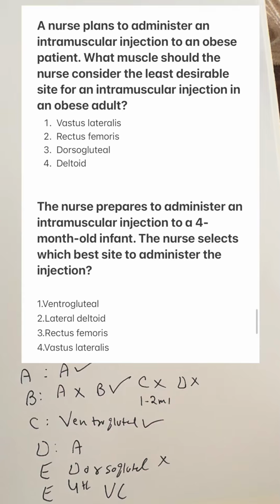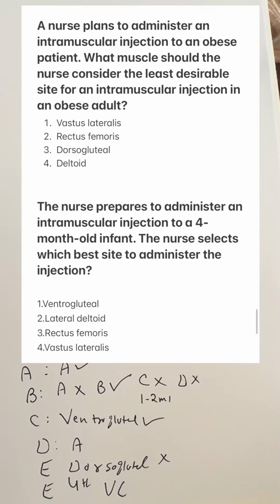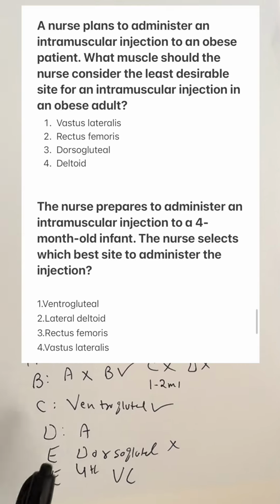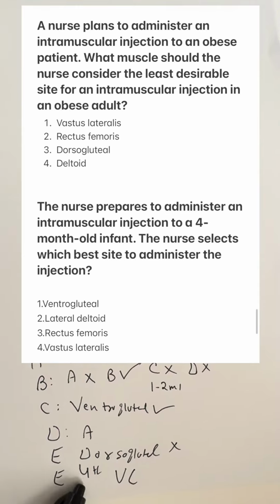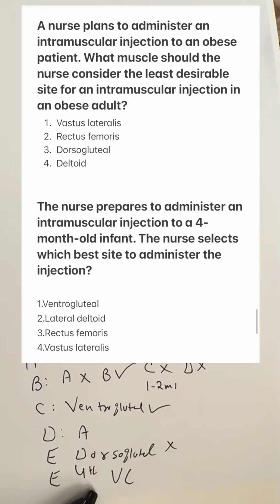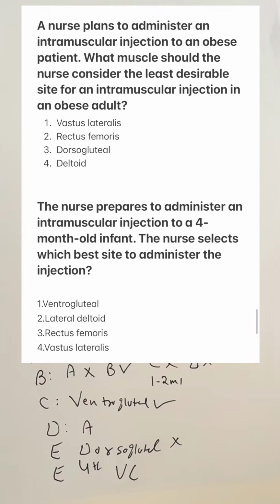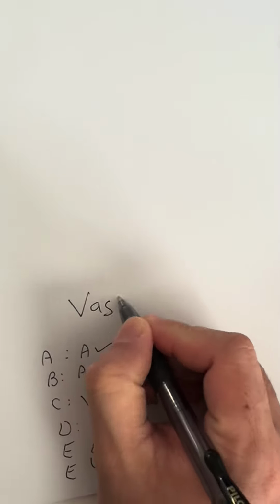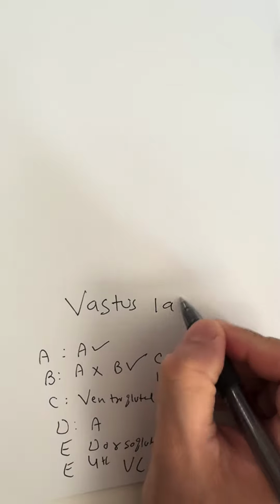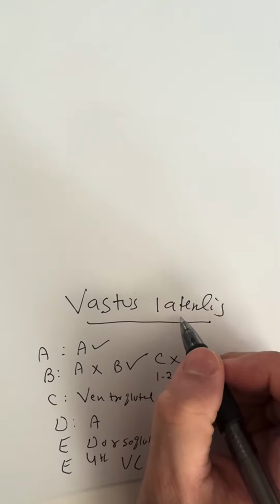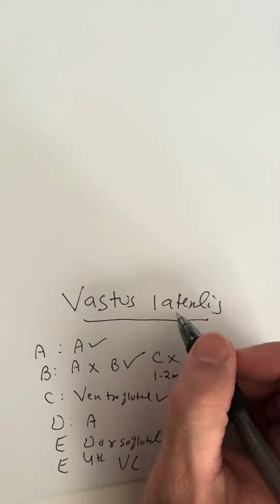The vastus lateralis is the only safe muscle group to use for an intramuscular injection in a 4-month-old infant. So for a child less than 2 years of age, you give into the vastus lateralis site. This is the main name you must remember, vastus lateralis. Adults and children can also get shots in the vastus lateralis site.